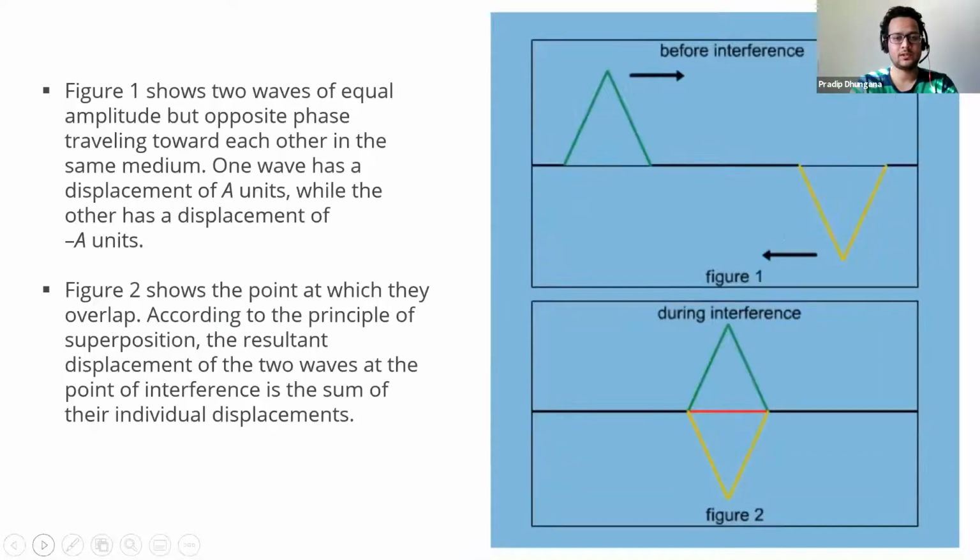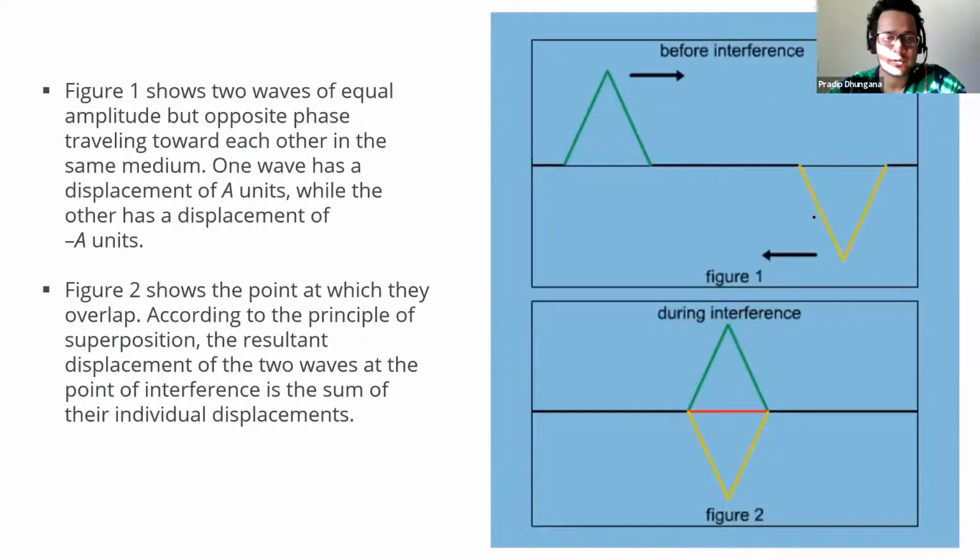Now let's go to the next slide. This time we do have two waves. They have exactly the same amplitude, but they are out of phase. You can see this is a crest and this is a trough. Its displacement is positive, and the displacement of this wave is negative.